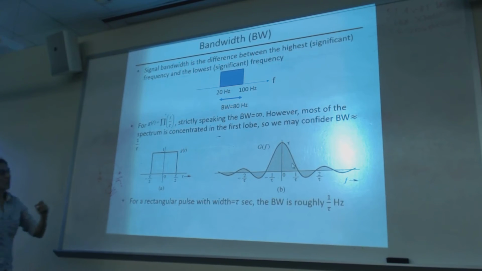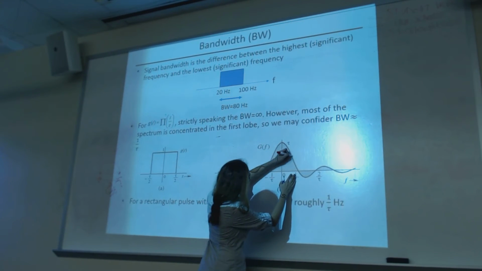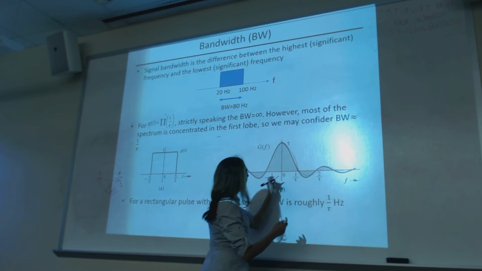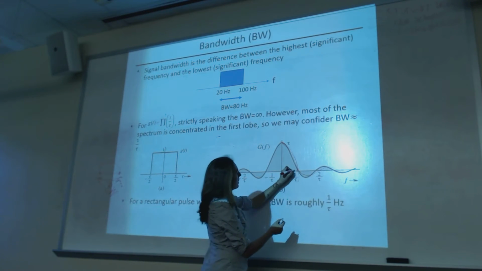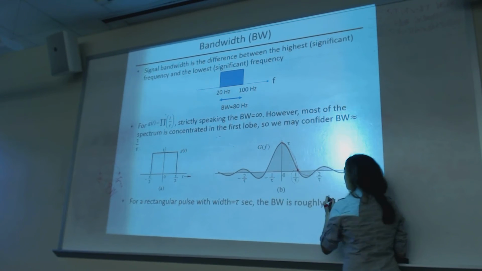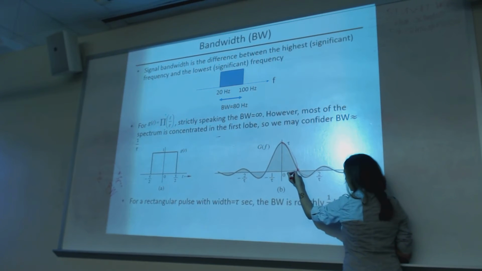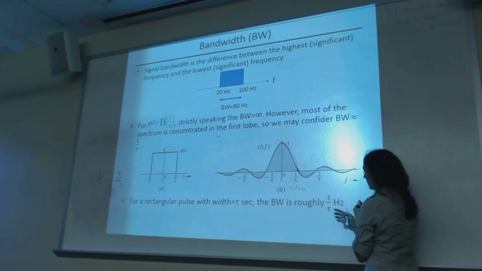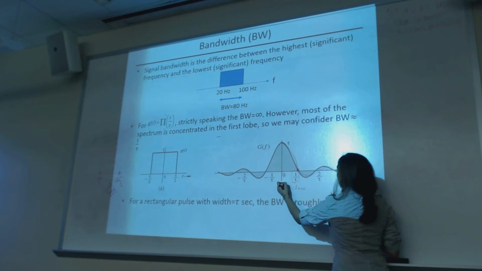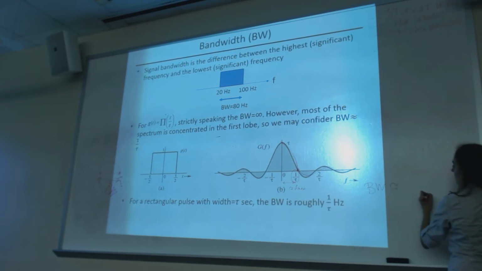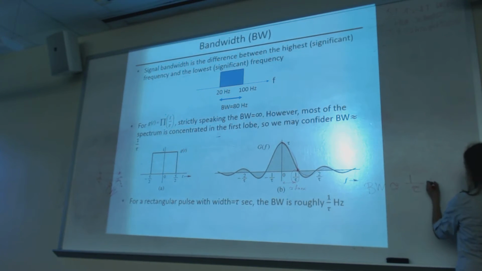In the first lobe, we have most of the frequency, and after that it becomes smaller and smaller. So you can consider this as an approximation of the maximum frequency. Therefore, my bandwidth would be 1 over tau. So the bandwidth can be approximately 1 over tau hertz.